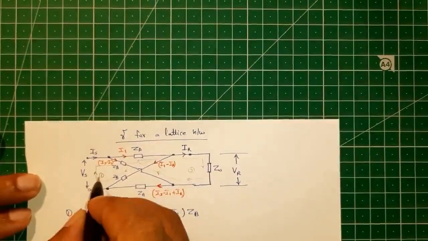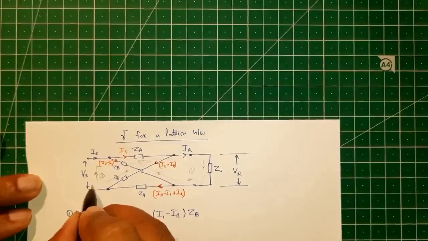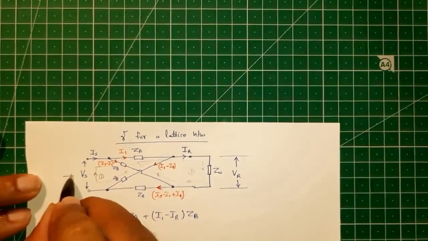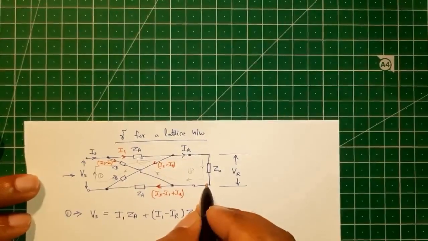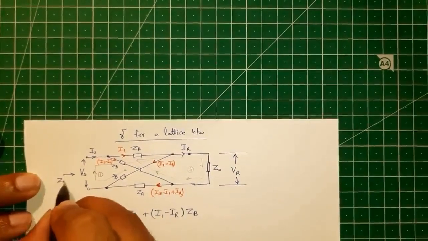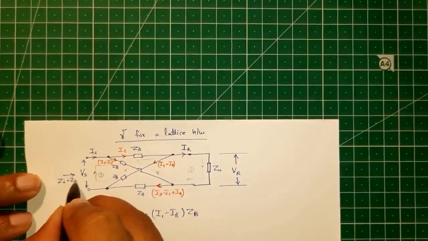Since we are attaching the characteristic impedance for this particular lattice network at the load, the input impedance Zi will be equal to Z0.